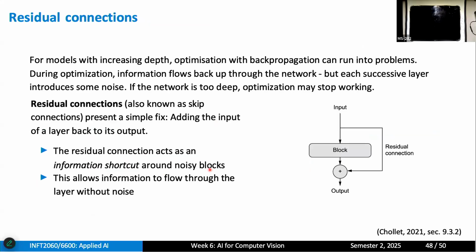So if you find that there is lots of noise, or overfitting and underfitting issues, you can add these to fine-tune your performance, okay? If the network is too deep and optimization may stop working, you can use the residual connection to make it normalized and keep working, okay?